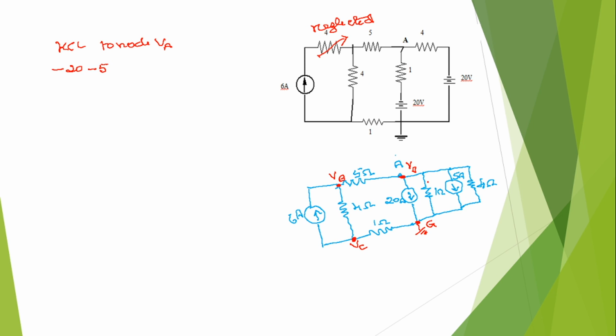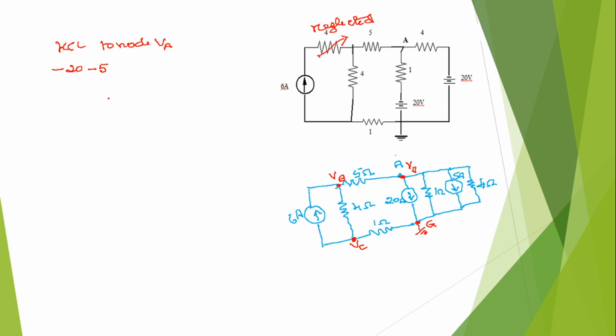Now what is the current through this? I am assuming outgoing current, because I am assuming this as a higher potential. So VA minus VG, because whenever the passive element is connected, current through the element is equal to potential difference across the element divided by resistance. So in this case, VA minus VG, and this current is outgoing current from VA.